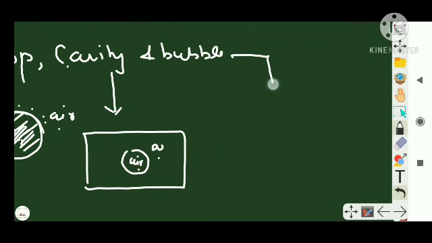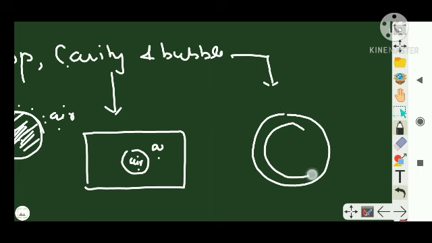Now what do you mean by a bubble? A bubble has two interfaces. Suppose I draw an actual bubble, it is like this. There are two interfaces: air-water and water-air. This is air, this layer is actually water, and outside again it is air. So here is an air-water interface and here a water-air interface. This is a bubble.